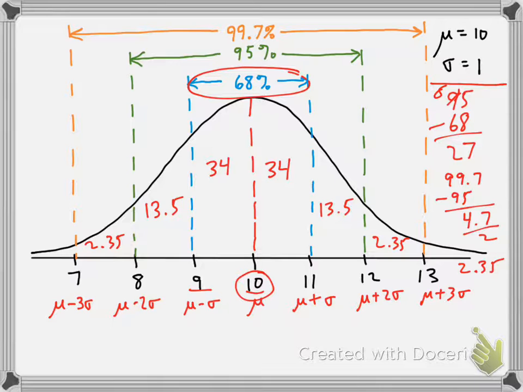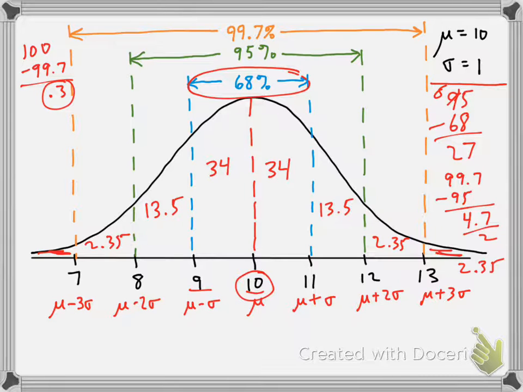Now we have that one little final section to the right of 3 and to the left of 3 standard deviations from the mean. And if we want to find that out, what's easier to do would be to subtract the 99.7 from 100. So if we take 100 and we subtract 99.7, that gives us 0.3. So we have 0.3% of the data remaining to be split between those two little sections.